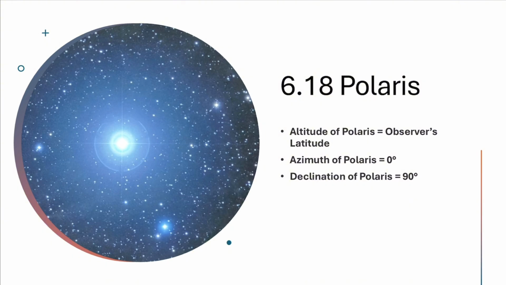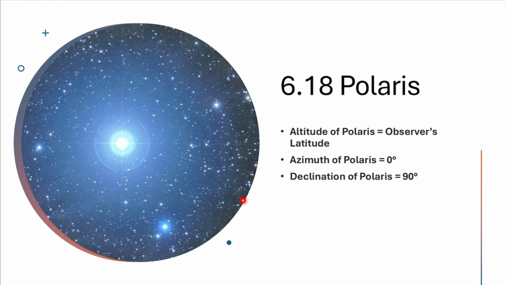Polaris. So Polaris is the North Star, it is our pole star, and it is used by observers and explorers to calculate their latitude. With this simple calculation here, Polaris calculations are really simple. You do need to memorize this, but it's easy.